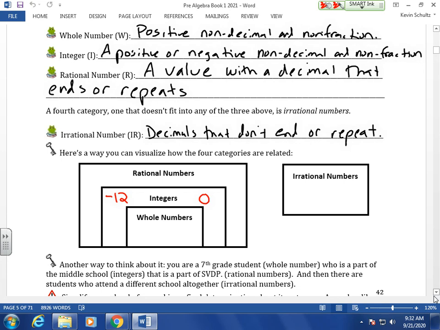Another one. I'll give it to you. How about 7.9? Is 7.9 a whole number? No, because it is a decimal. Whole numbers are not decimals. Is 7.9 an integer?